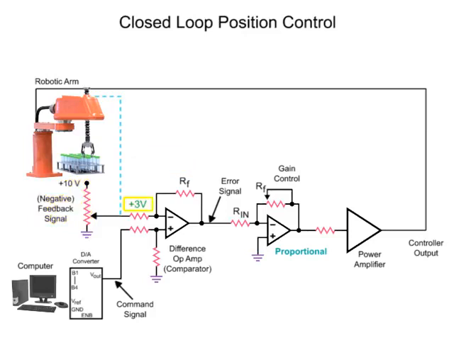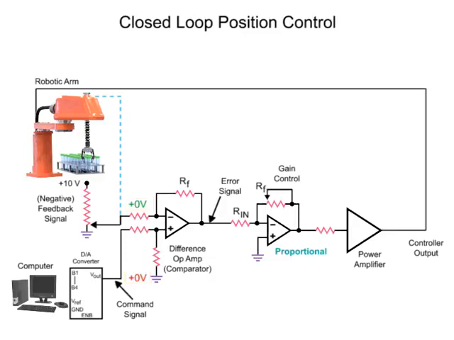The variable voltage produced is referred to as the feedback signal. When the feedback signal voltage matches the command signal voltage, the arm has reached the desired position. For example, with the arm at the bottle pick position, the potentiometer output voltage of 0 matches the command signal of 0 from the computer.